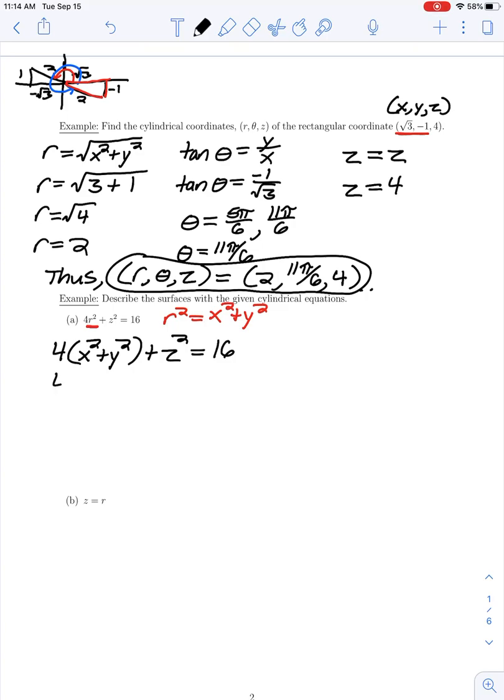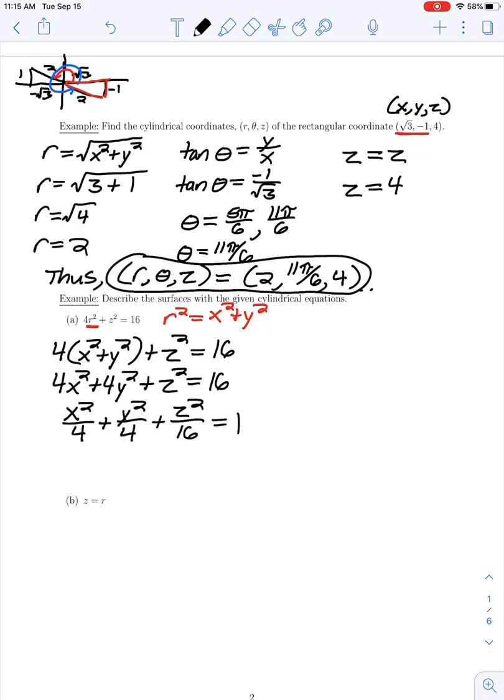If I expand, this could be written as 4x squared plus 4y squared plus z squared is 16. Or if we prefer to rewrite this slightly, we could divide both sides of our equation by 16, and I would have x squared over 4 plus y squared over 4 plus z squared over 16 is equal to 1.